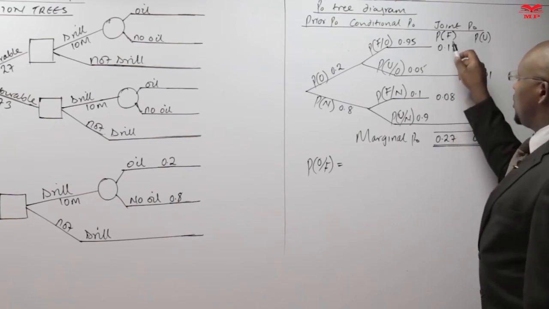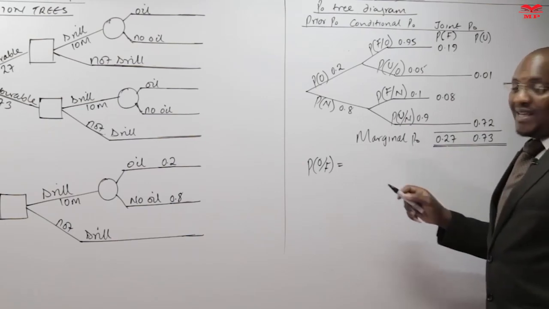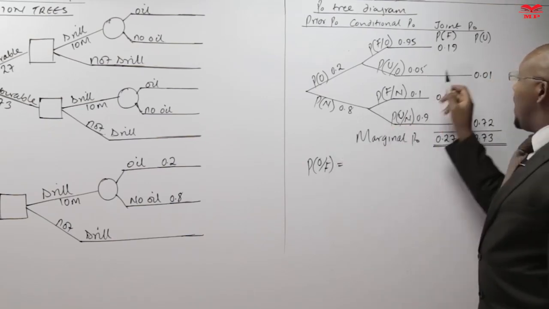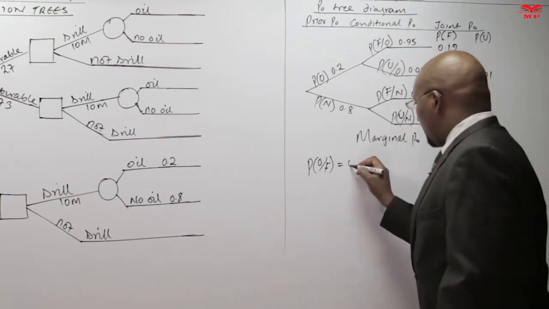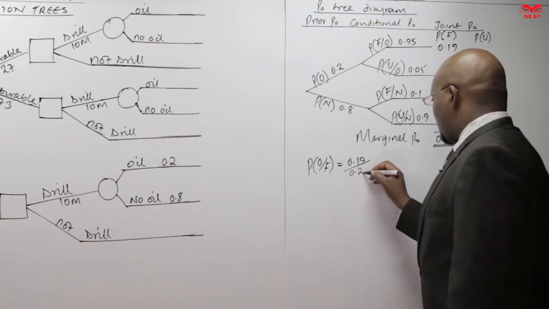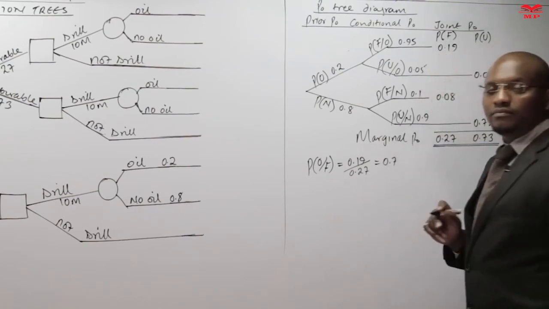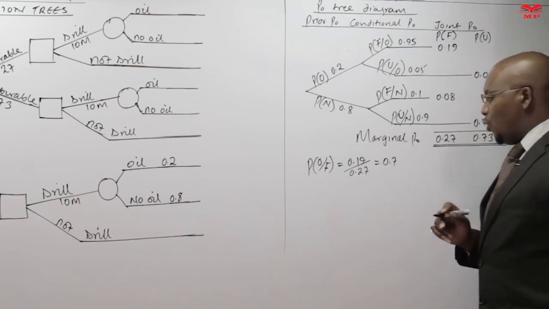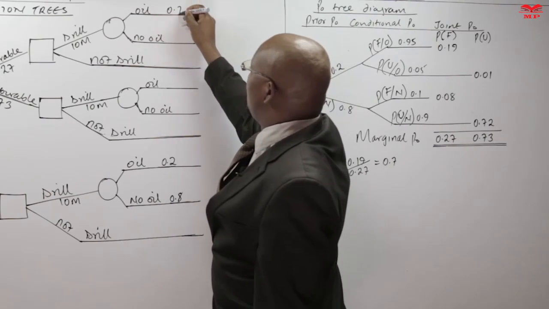Now we select, there are only two probabilities, and in this column, you select the one that is emanating from oil. The one coming from oil is this one, 0.19. So it is going to be 0.19 divided by 0.27. This will be 0.7 on average. So you come and record here, this is 0.7.